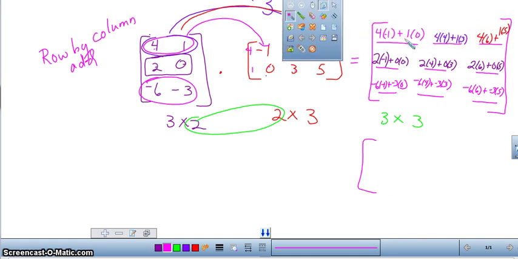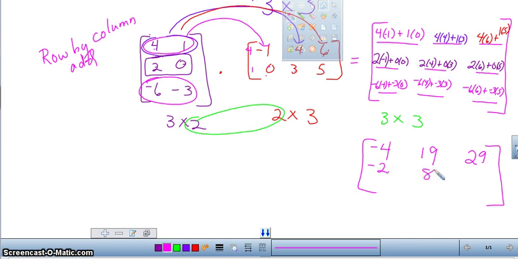That gives me 4 plus 0, so 4. 16 and 3 gives me 19. 24 and 5 gives me 29. Here I get negative 2 and 0, so negative 2. 8 and 0 is 8. 12 and 0 is 12. I'm just doing the math. 6 and 0 is 6.